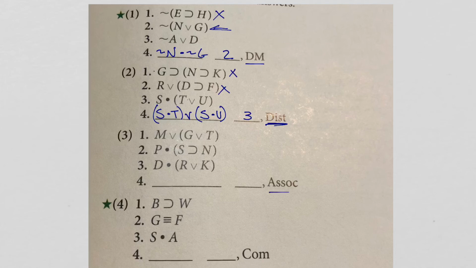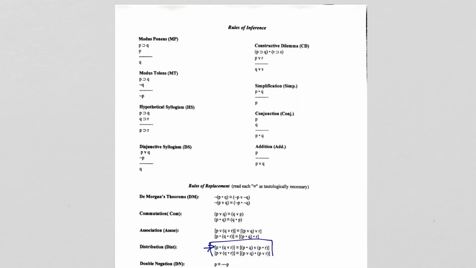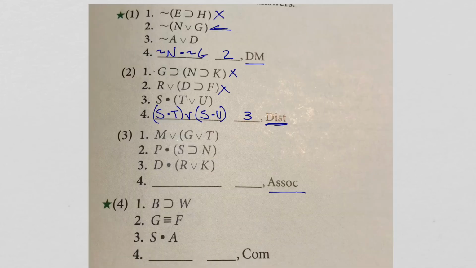For the third one, they want us to do association. If we look at association, we see it's either all horseshoes like the top one, or all dots like the second one. Let's go back over here. The first one's looking pretty good, so let's put a check mark next to that one. It's got a wedge, looks nice.